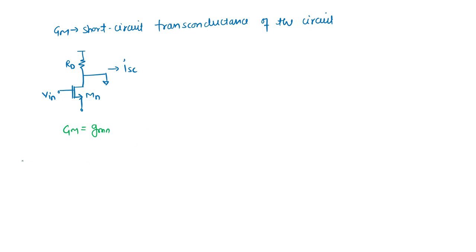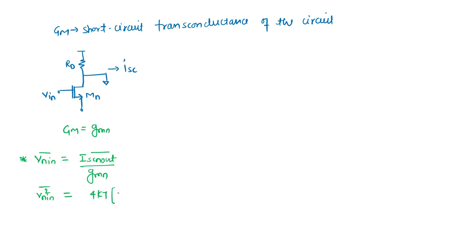So the noise at input is the average noise current at output divided by gmn. Let me write the mean square value so that the calculation has no root term.